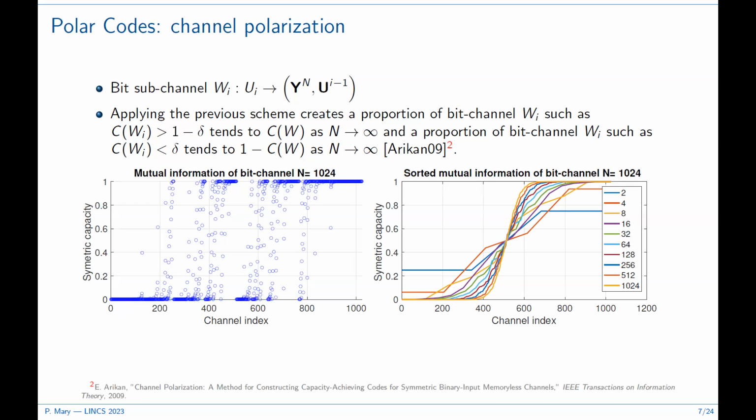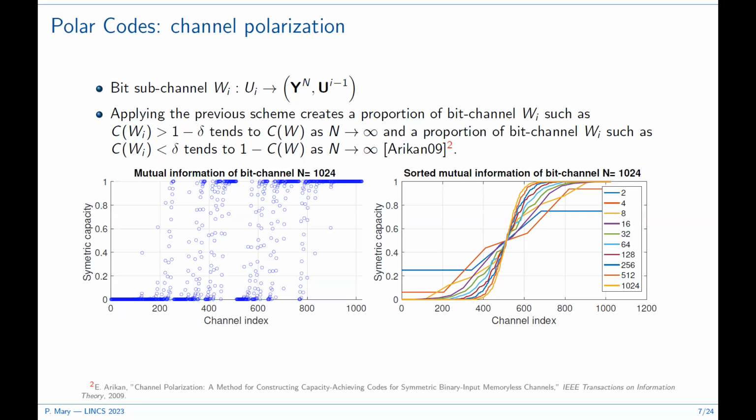So the channel polarizes. Here we reproduce well-known results on the mutual information of the different bit subchannels according to the index on the left of each subchannel, for N equal 1024. So we see that we have some bit channels that are really good and some that are really bad.